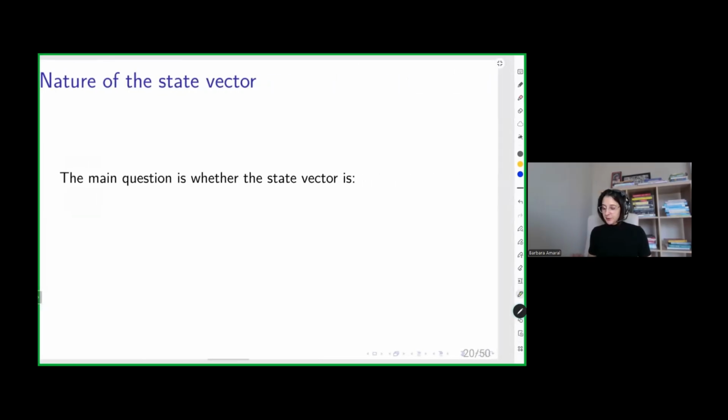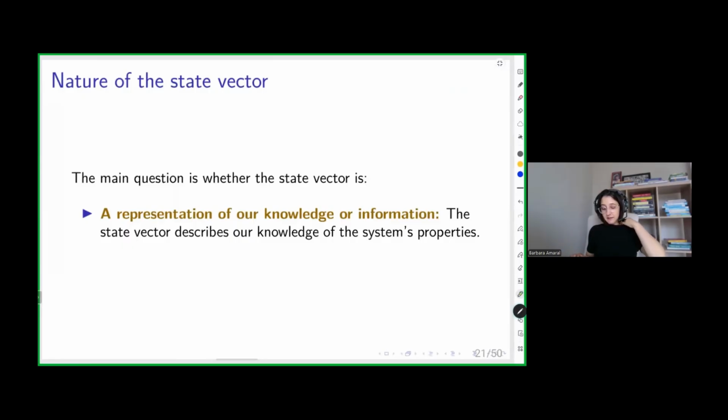And the other option is that the state vector is a representation of our knowledge or our information about that system. So the state vector describes our knowledge of the system's properties, and this is my view of the thing.